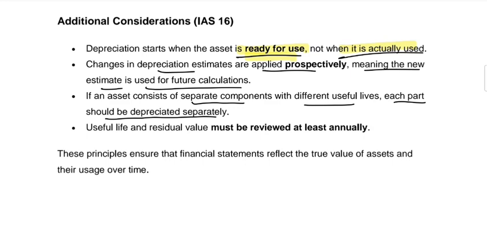So you will not charge depreciation altogether; rather you will separate the components out and charge depreciation separately. In this way, you will have a more true reflection of the value of the assets.